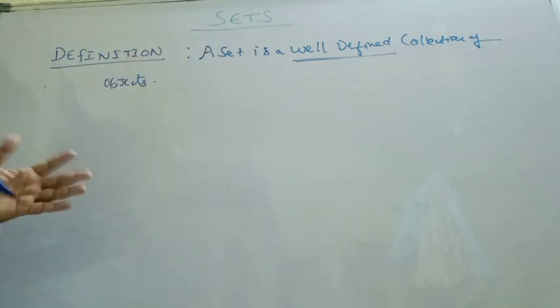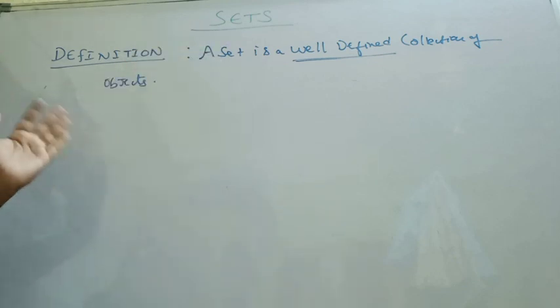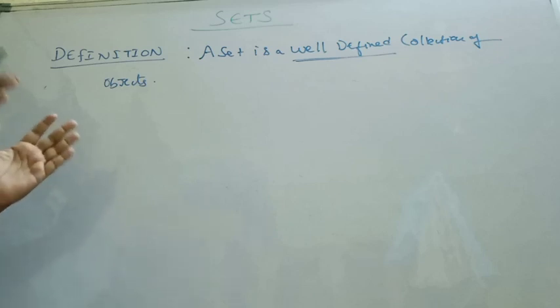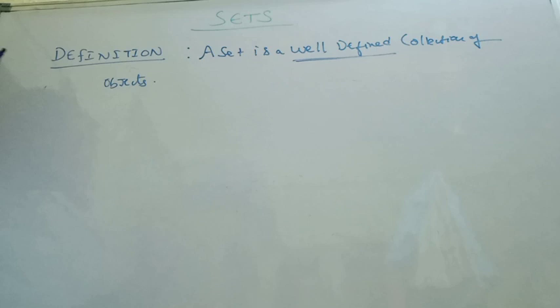For example, set of all electrical gadgets, electrical instruments. If I say, does a marker belong to that collection? No, because a marker is not an electrical gadget or instrument.